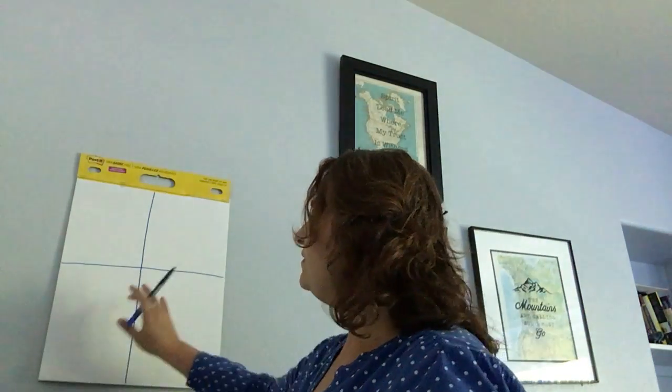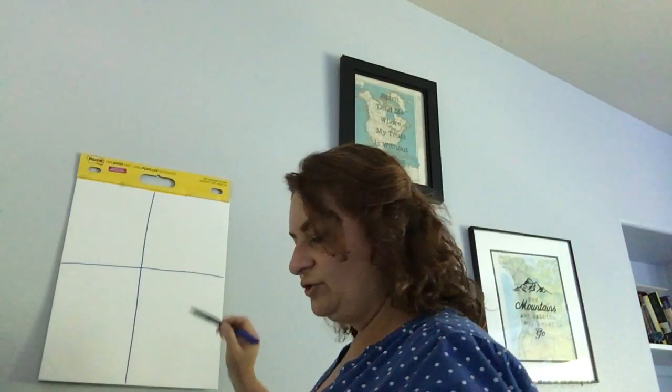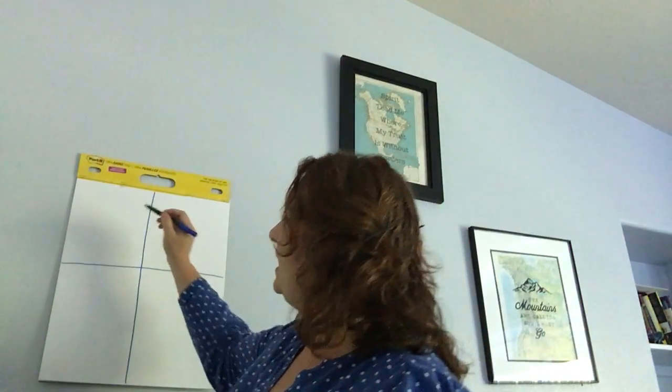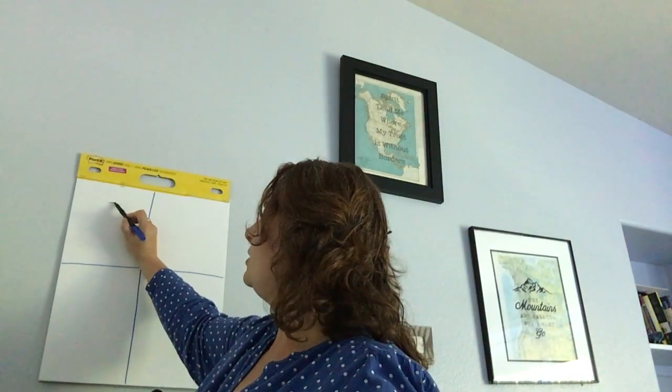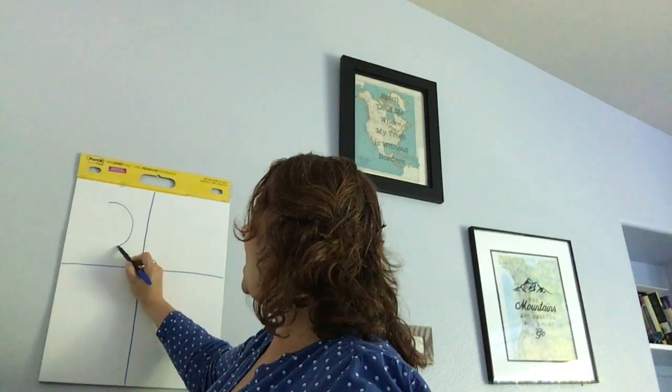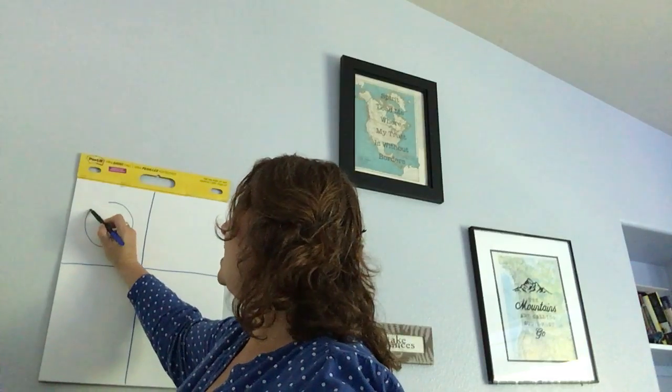Now, over here in this top one, we're going to create a circle. And as we create a circle, we're going to start here and we're going to go around and stop. Let's do that in the air. Take our finger, around and stop.